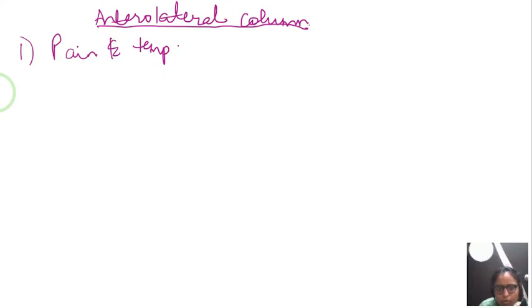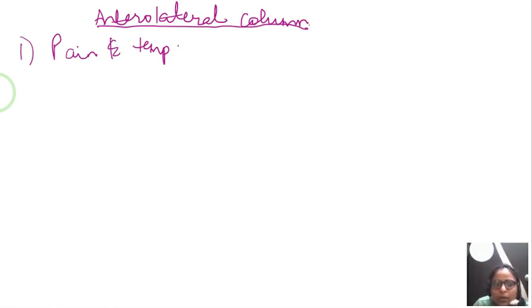Like I told you, in the dorsal column, what are the sensations carried by your dorsal column medial lemniscal system? This is a revision and it is worth repeating, because it is very important to know which sensations are carried by these tracts. If you know this, then only you can make the diagnosis of the patient correctly.